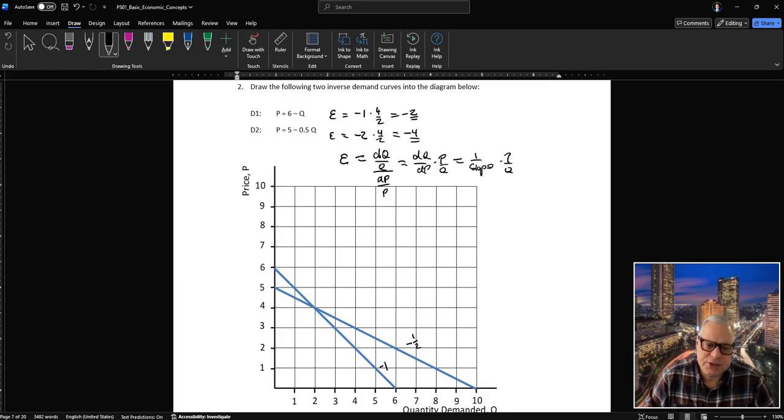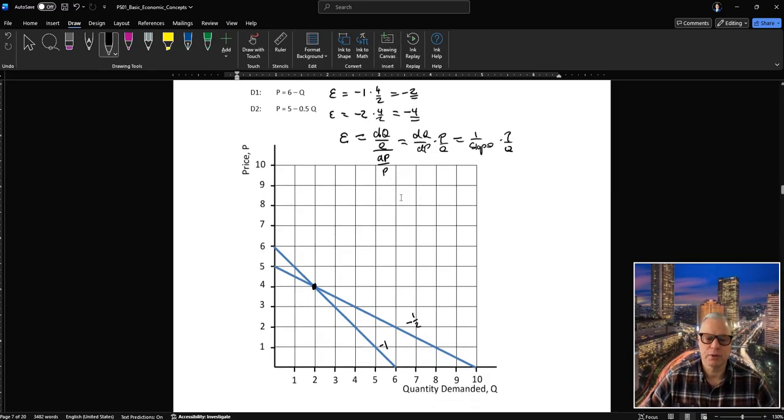So that means you can say that the flatter inverse demand function must have the higher elasticity. Okay, so the correct answers are -2 and -4.